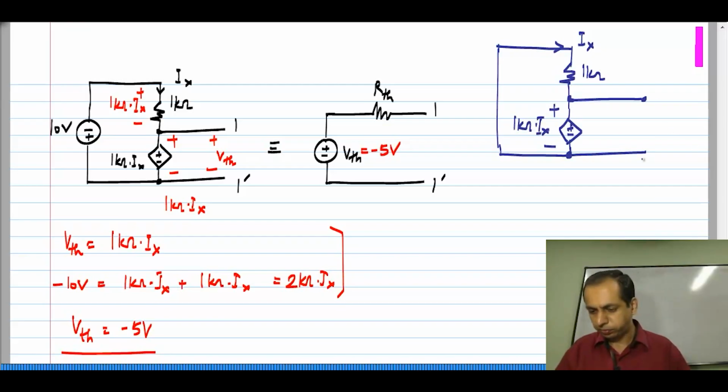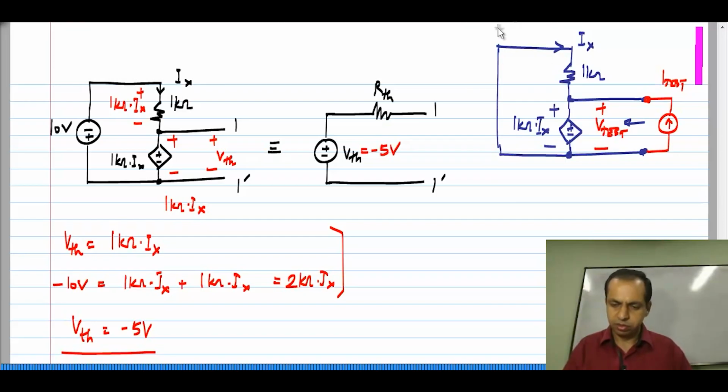Okay. And I want to find the impedance looking in that way. Okay. Now, because I have a current controlled voltage source over here, let me apply a test current I test and see what voltage is developed across this.